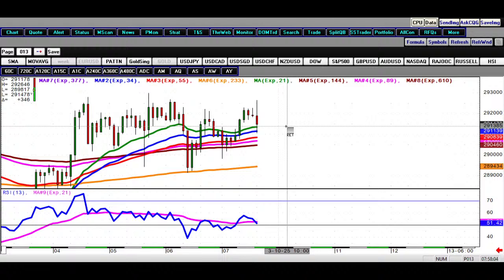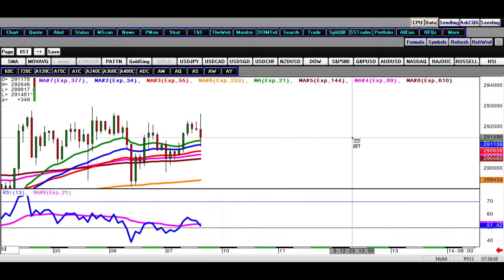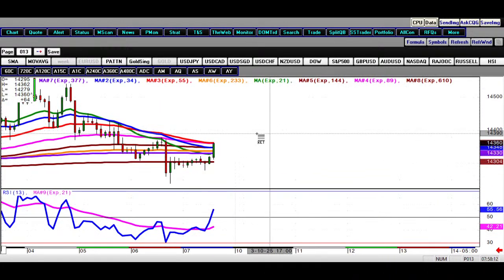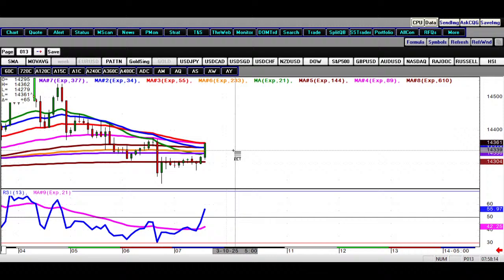Okay, sorry. Now we look, because the Canadian data came out bad. So the Canadian dollar is moving up. So now we will try to trade this, and this strength is expected to last or push higher.